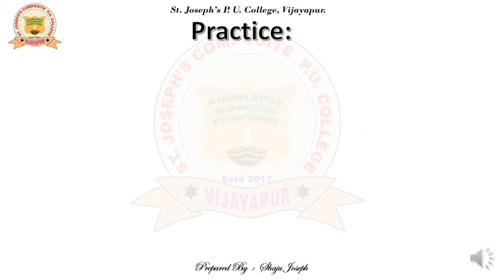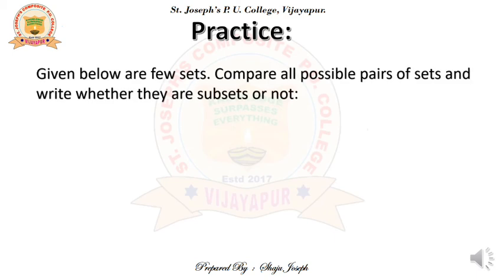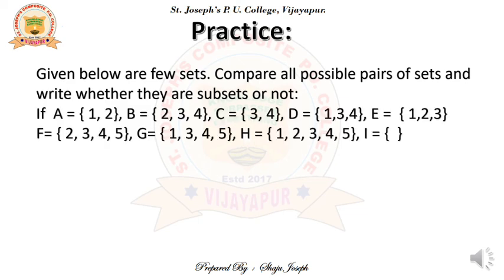So for practice, I'm putting some questions here. Given below are a few sets. Compare all possible pairs of sets and write whether they are subsets or not. To say they are subsets, you have to compare all the elements in the first one, whether they are present in the second one. But to say it is not a subset, just take any one example, that will be enough.